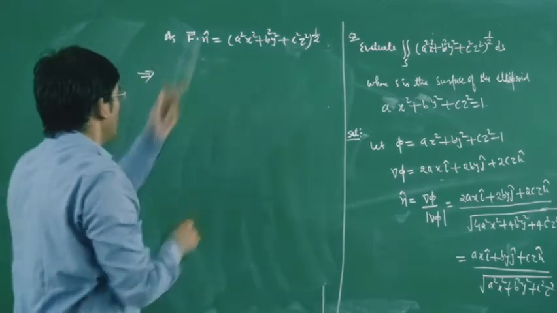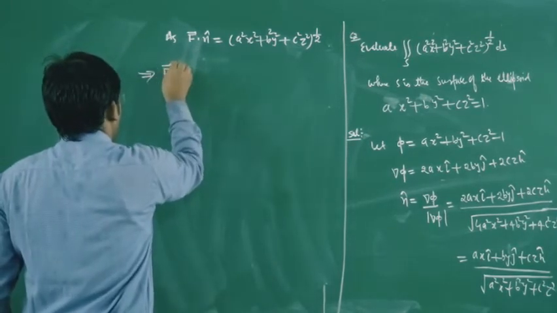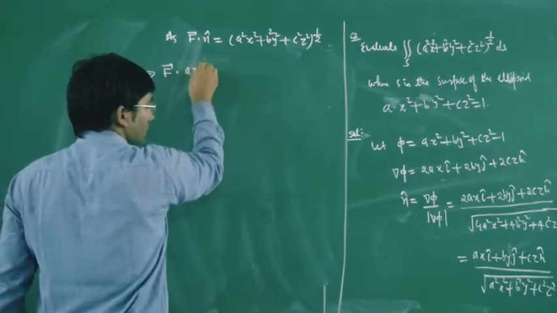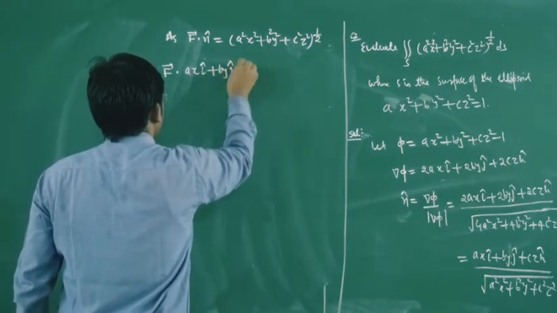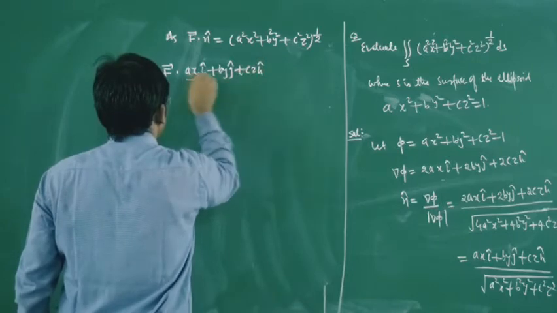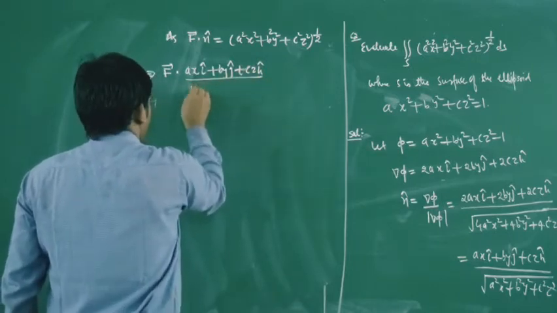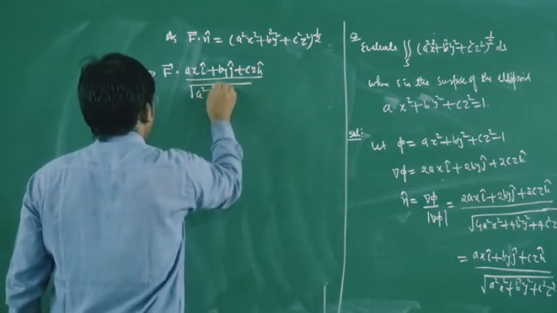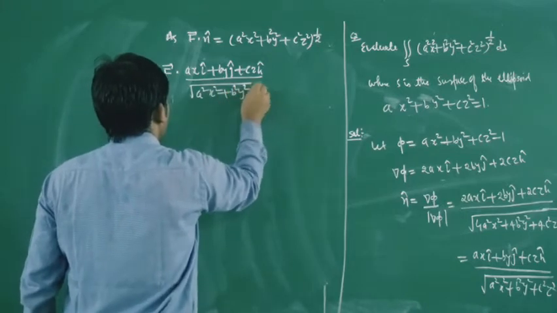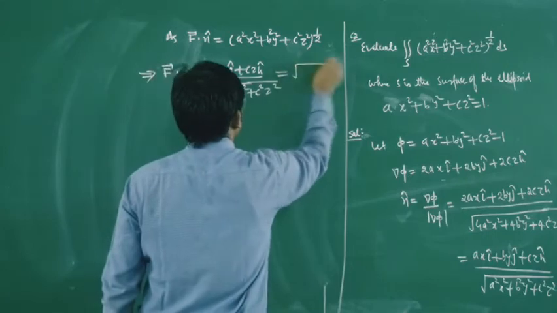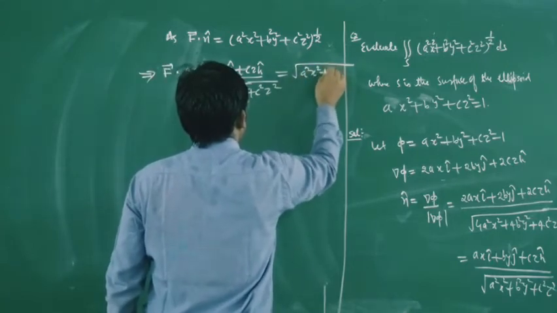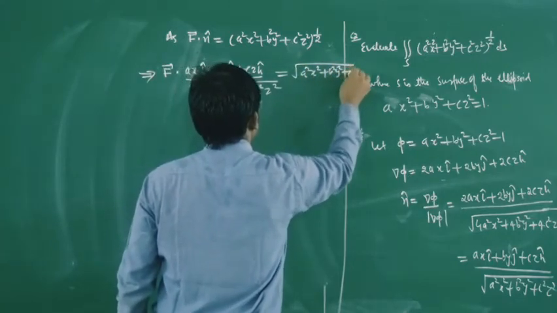Now we need the value of f, and your vector n is axi plus byj plus czk upon square root of a square x square plus b square y square plus c square z square.